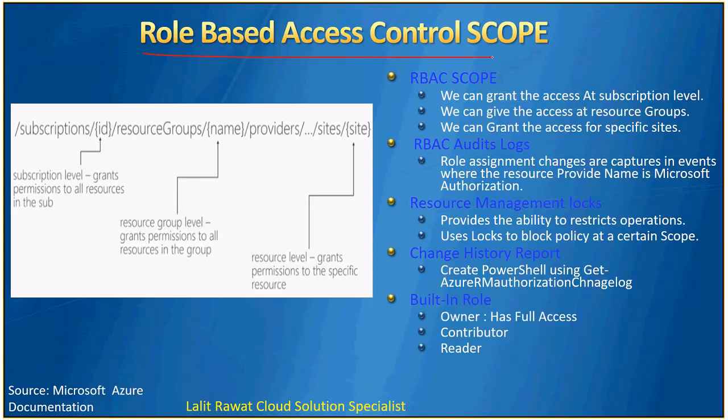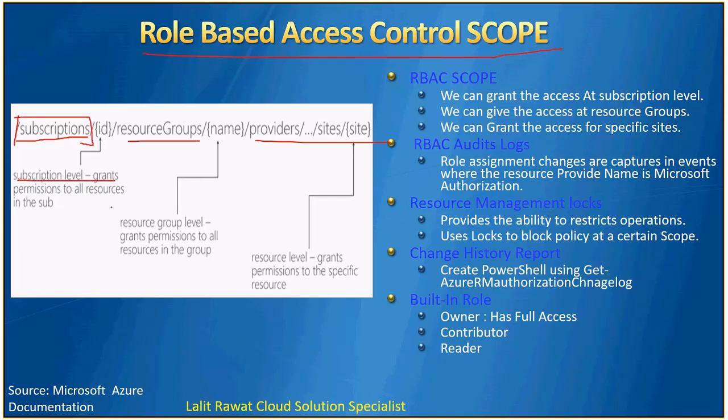How your RBAC policies are going to be implemented: always on the subscription, the resource group, and the resource. So basically, what is subscription? You can apply the RBAC policies on the subscription level.